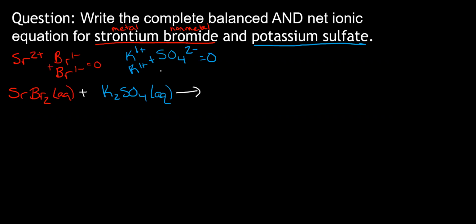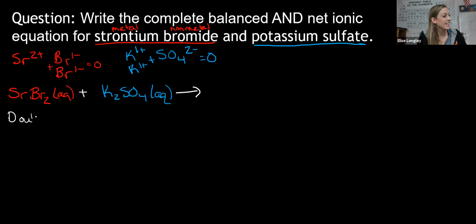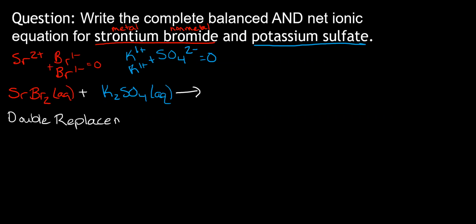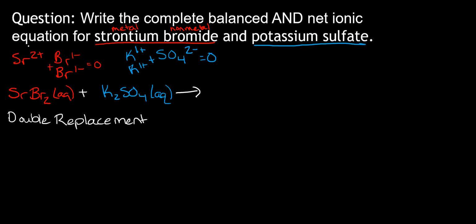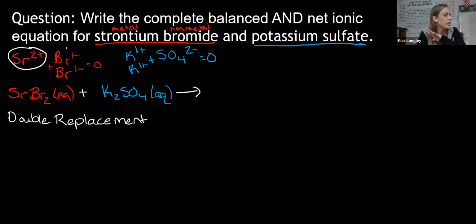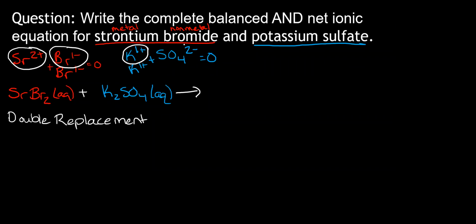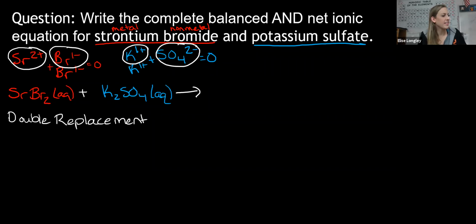This is a double replacement reaction. Yes. How did you know? Because of the reactants. There's how many types of ions? 2. Or 4, sorry. Compounds made up of 1, 2, 3, 4 types of ions.